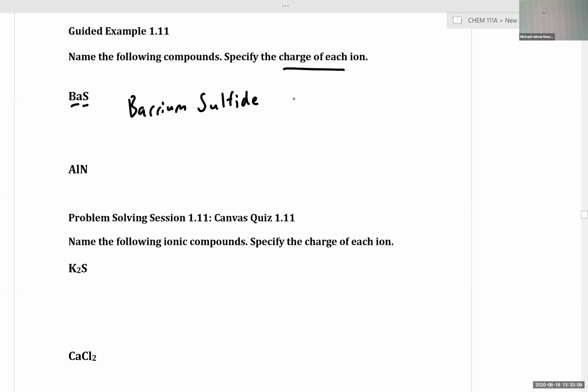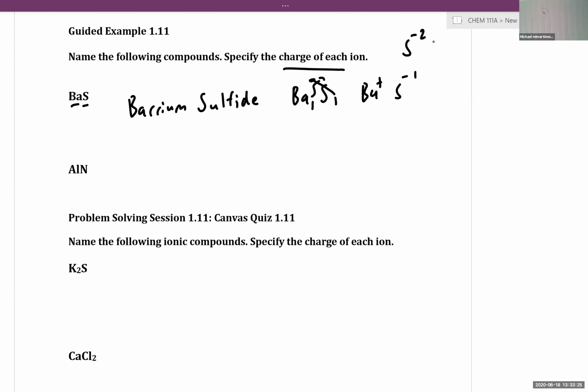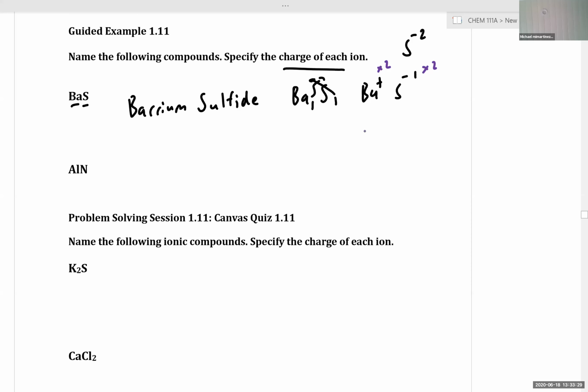So this is barium sulfide. If we wanted to figure out the charge of each ion, we reverse cross our charges. We remember that sulfur typically adopts a 2- charge. So we multiply both of our charges by 2 to give us barium 2+ and S2-.